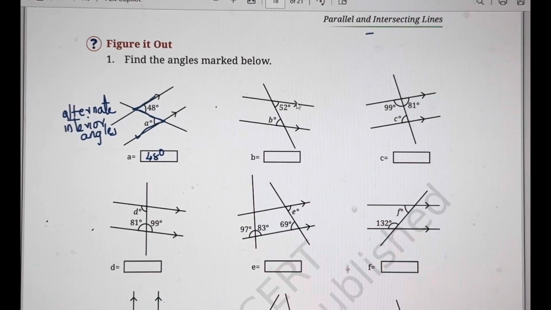Here also you see the notation of parallel lines. So the Z is being formed over here again. So B will also be 52 degrees. The reason is the same, alternate interior angles. So if the lines are parallel, alternate interior angles will be equal.